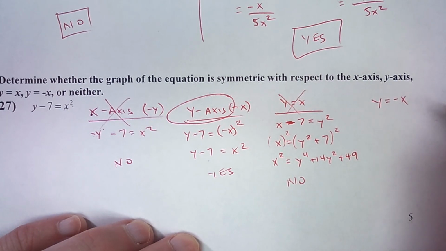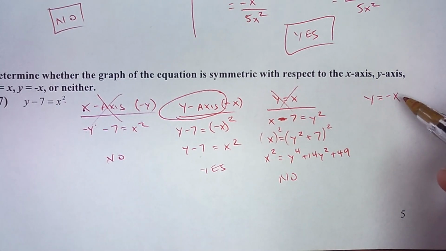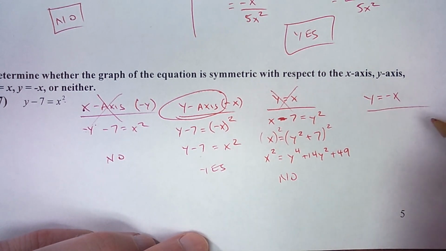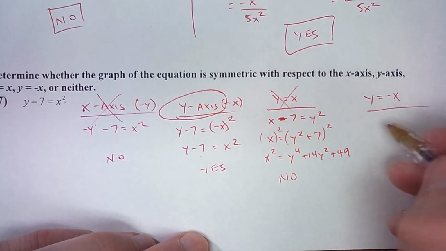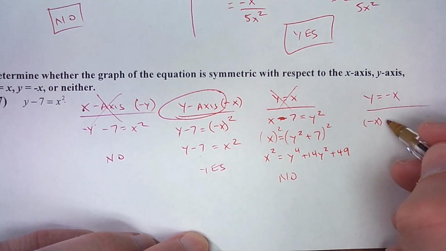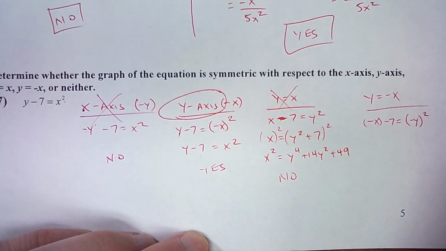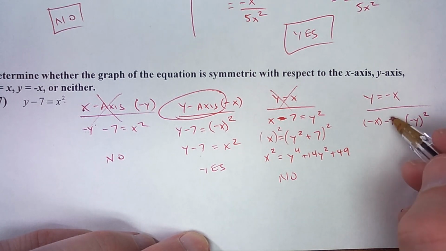And y equals negative x, which also means x equals negative y. So I'm going to switch the x's and y's and negate them. So y becomes negative x, and x becomes negative y. Okay, so this even power cancels out that negative.